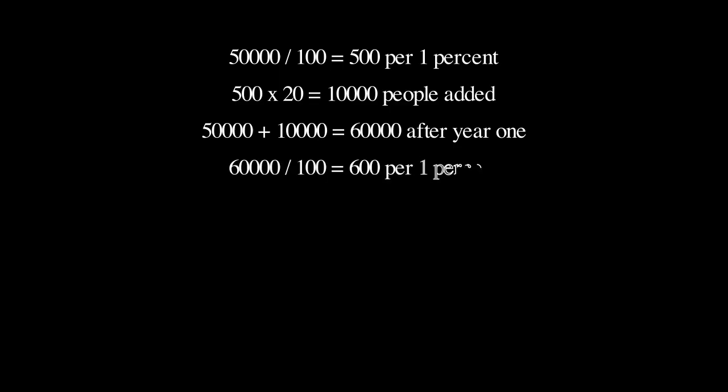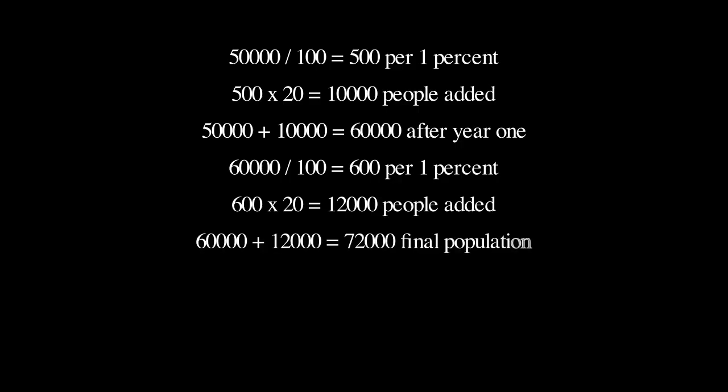Now for the second year's growth, 1% of this new population of 60,000 is 60,000 divided by 100, which is 600. 20% of the new population is 600 multiplied by 20, which is 12,000 people added. Adding this to 60,000 gives a final population of 72,000 after both years of growth.